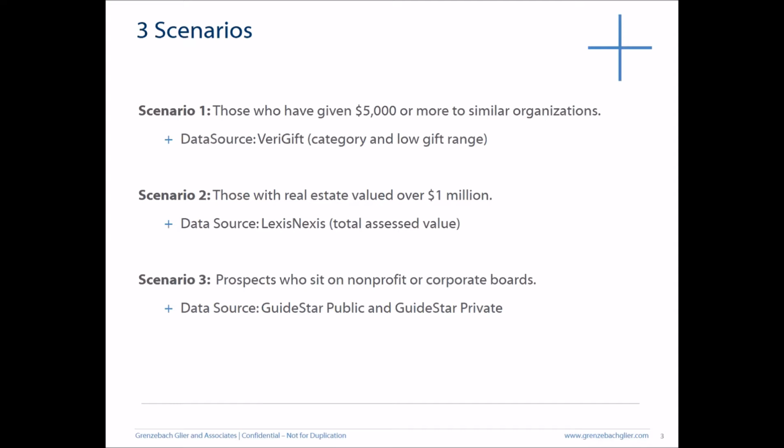Secondly, we're going to look for people who have real estate that's valued over $1 million. So we're going to use LexisNexis and the total assessed value for that example. And then finally, the last scenario is if somebody says, I want to see all of the prospects who sit on corporate or nonprofit boards. For those, we're going to look at GuideStar Public and also GuideStar Private.